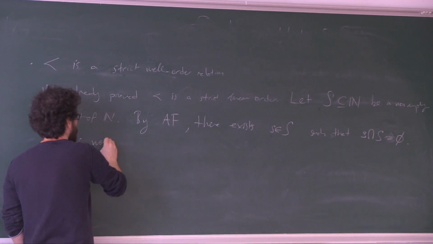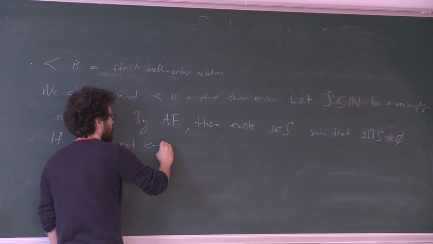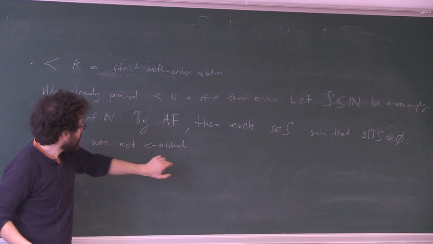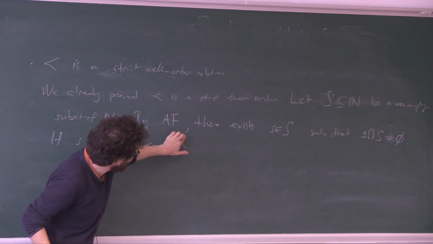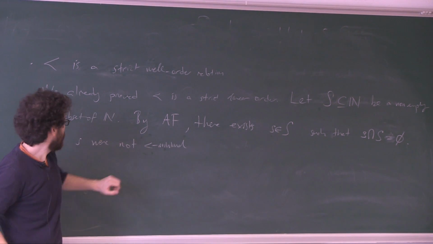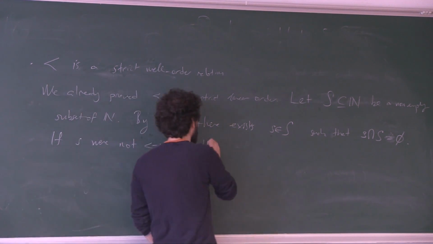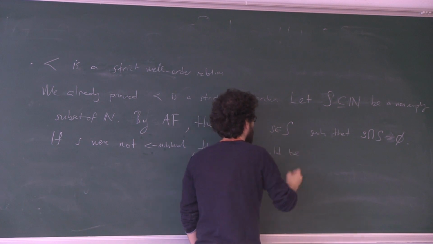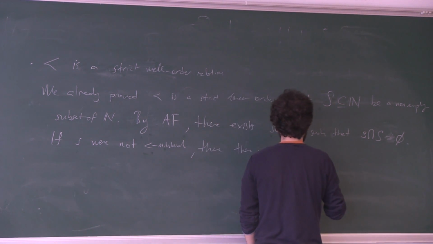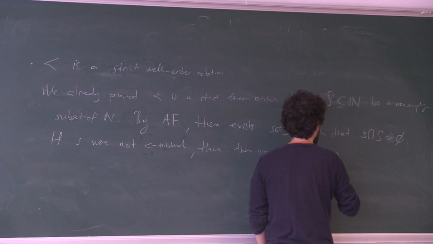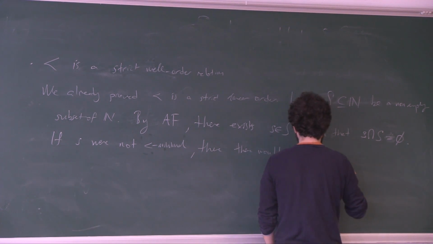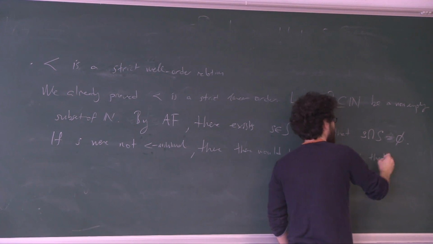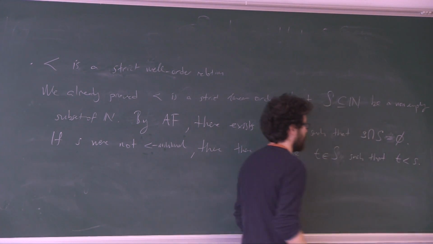If s were not minimal, meaning minimal with respect to this relation, then there would be T in big S such that T is strictly less than little s.